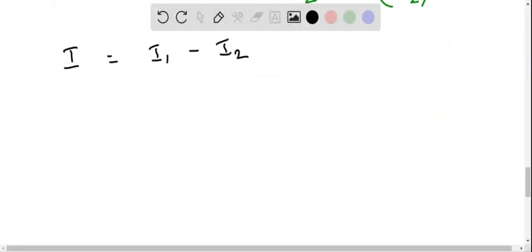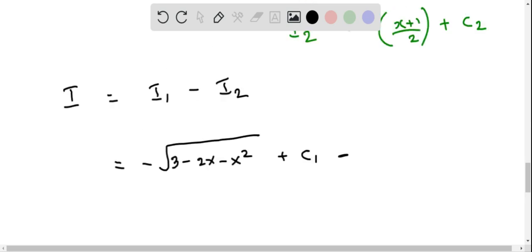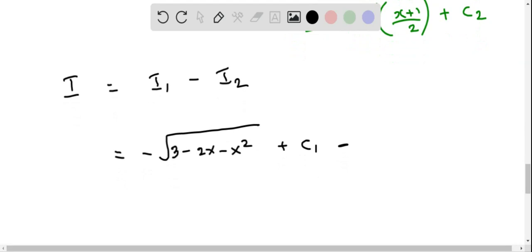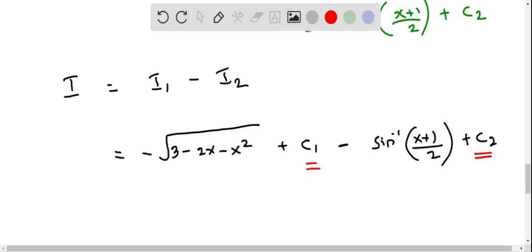So I'm going to substitute here. This becomes negative of the square root of 3 minus 2x minus x squared, plus the constant c1, minus the result of I2, which is sine inverse of x plus 1 over 2, plus c2. Now we can combine these two constants, c1 and c2.